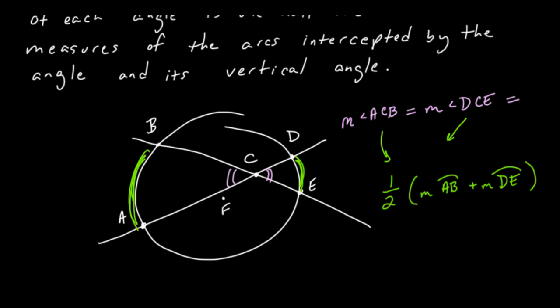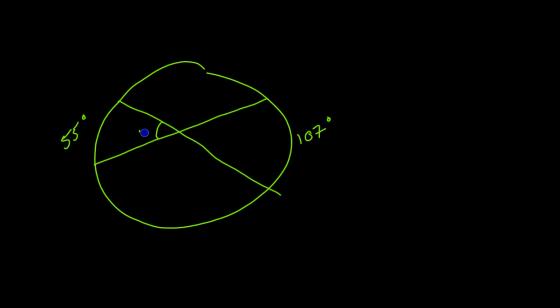Let's do an example. It's going to hit it home pretty hard. So we'll throw a circle out here, have a couple of lines cross. And I'll tell you guys that that's 55 degrees. This is 107 degrees. I need you guys to find x. Now we know x is going to be vertical to the other side, so they're congruent.